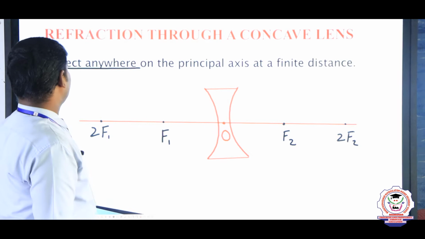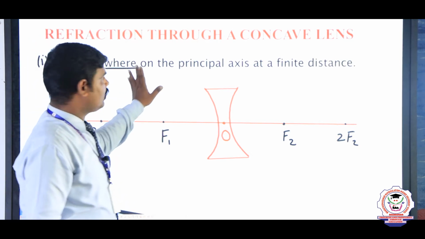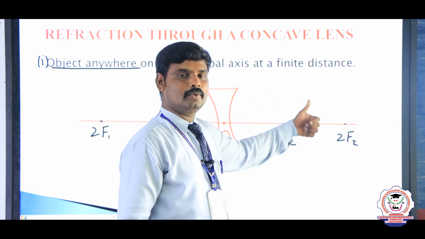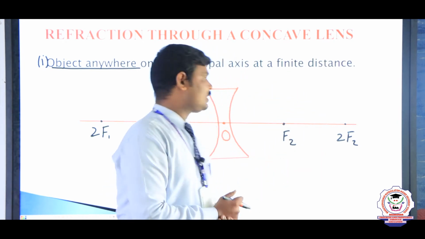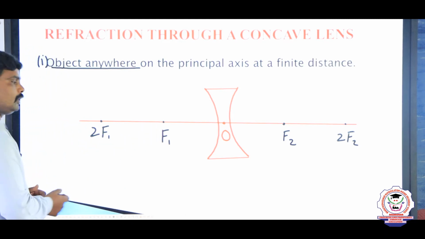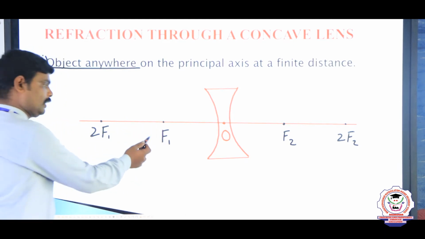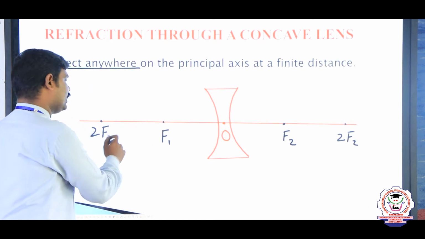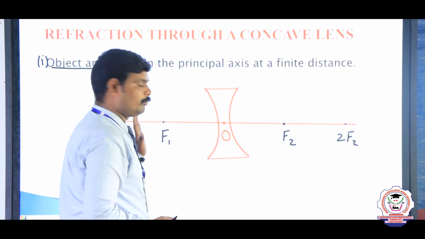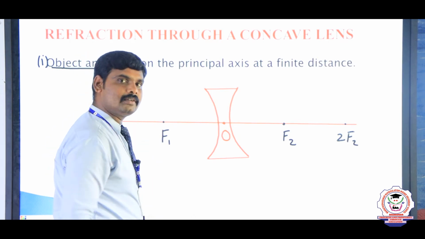Next, an object anywhere on the principal axis at finite distance. Okay. So, here finite distance means we can place the object anywhere at 2F1 or F1, or between 2F1 and F1. Now, I place this object between F and 2F.